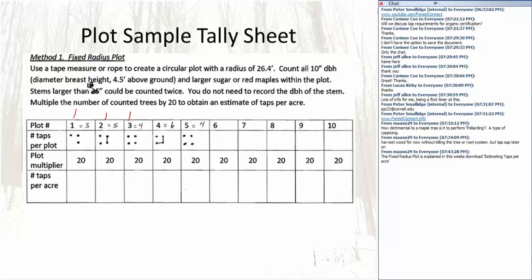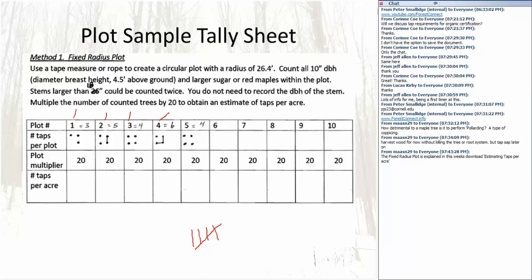And when you get 4 dots, like in plot number 2, the 5th tree is represented as a line, and you can see in plot 4, we have 4 dots plus 2 lines. That makes 6 trees. You've also seen you do 1, 2, 3, 4, 5, that's another slash tally method.